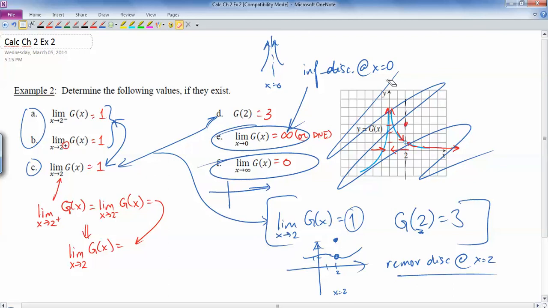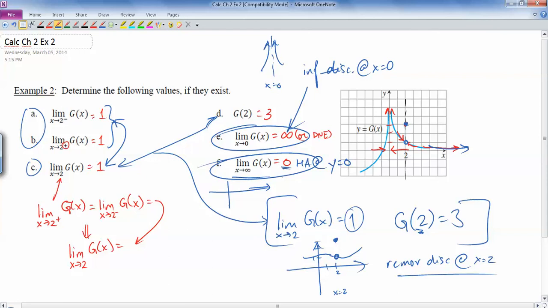And if you go back and look at our picture, well, that's what we have. We have a hole at 2, a removable discontinuity with a dot filled up above it. We have the limit way out here is 0. So horizontal asymptote at y equals 0. That's the value that it approaches.